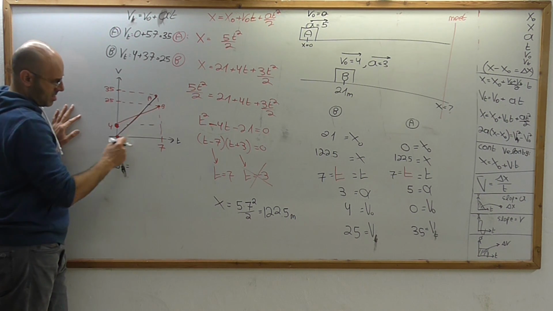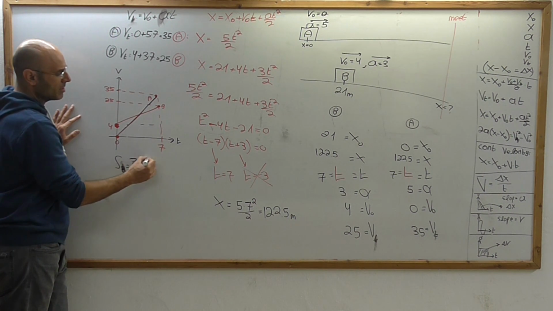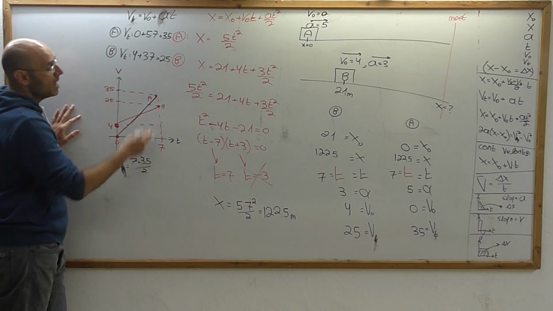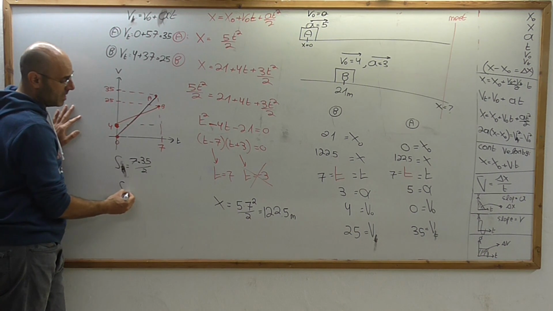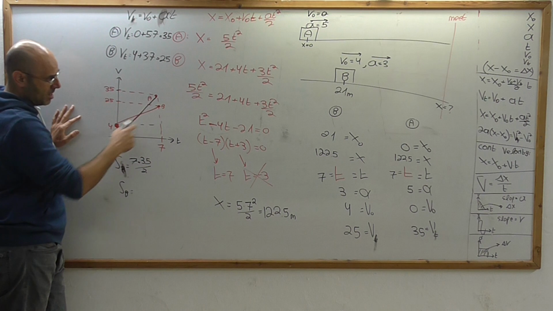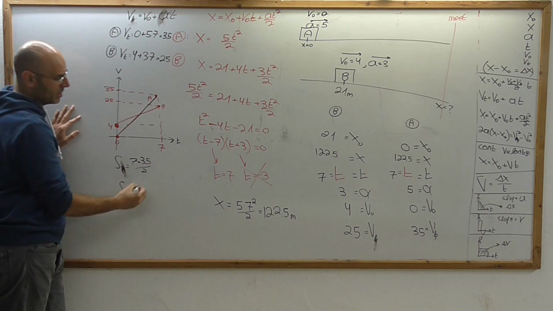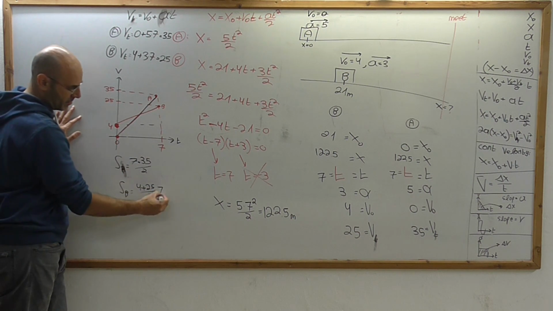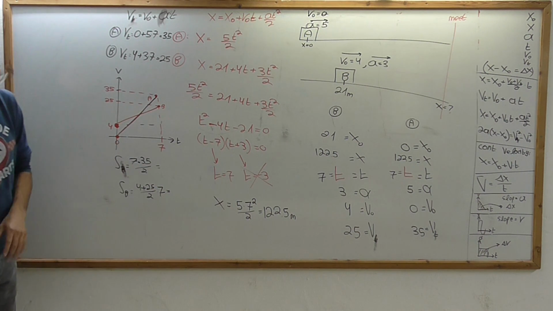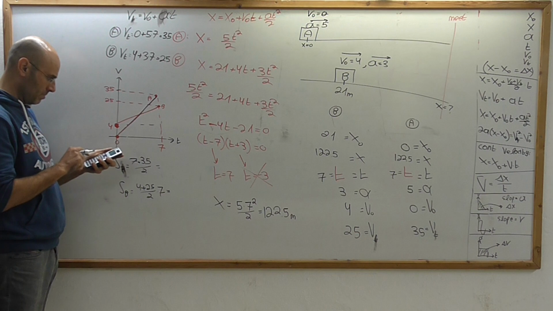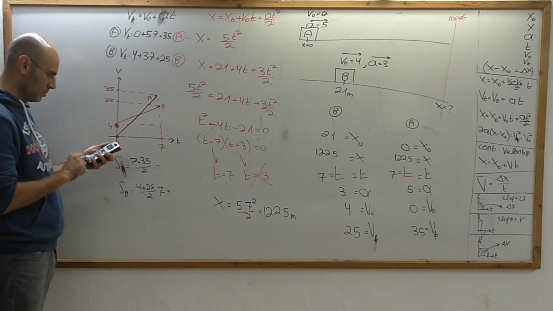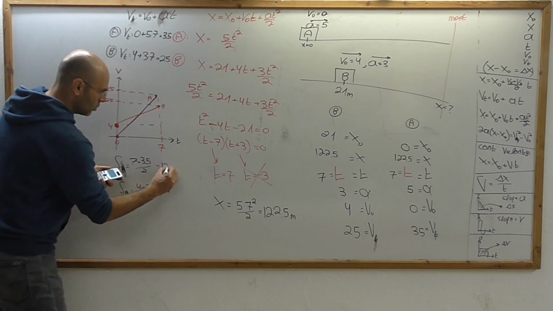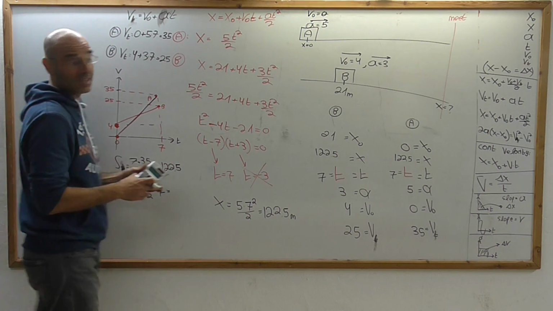If I calculate areas, this big triangle area, let's say SA, will be 7 multiplied by 35 divided by 2. And SB, the trapezoid, is the sum of bases, 4 plus 25, divided by 2, multiplied by the height, 7. Let's see what I get. 7 multiplied by 35 divided by 2 is 122.5, which is exactly what happened.